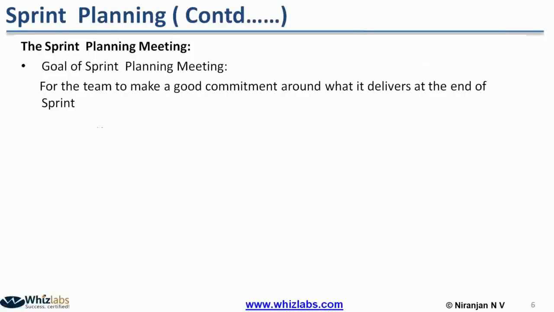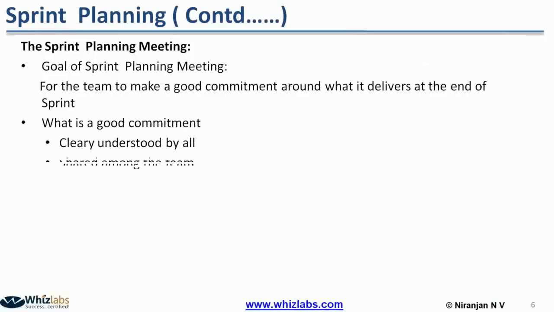The goal of the sprint planning meeting is that when the team is making the commitment, it should be clear to everyone and understood by everyone, and it requires the participation of all the team members.